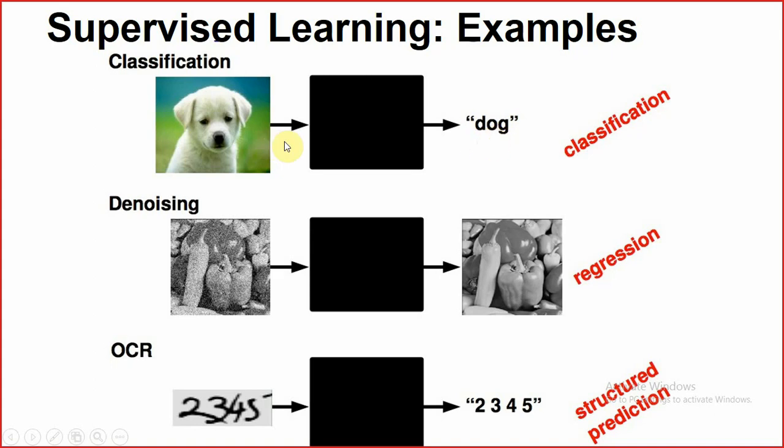For denoising, we can also create a model and give it a noisy image, and we expect to get the noise-removed image. And in this OCR, or optical character recognition, example, we give it an image consisting of some handwritten digits or alphabets, and the system will extract the text from this image and show it as the output.